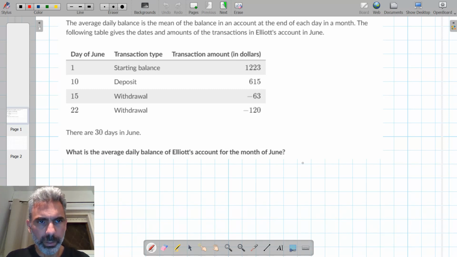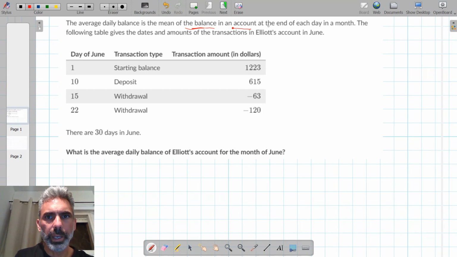Okay, the average daily balance is the mean of the balance in an account at the end of each day in a month. So we need to know the balance in the account at the end of each day.